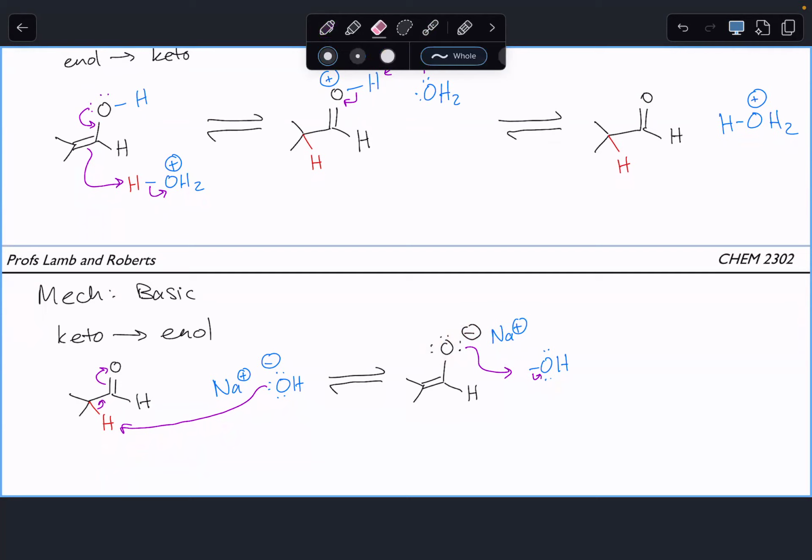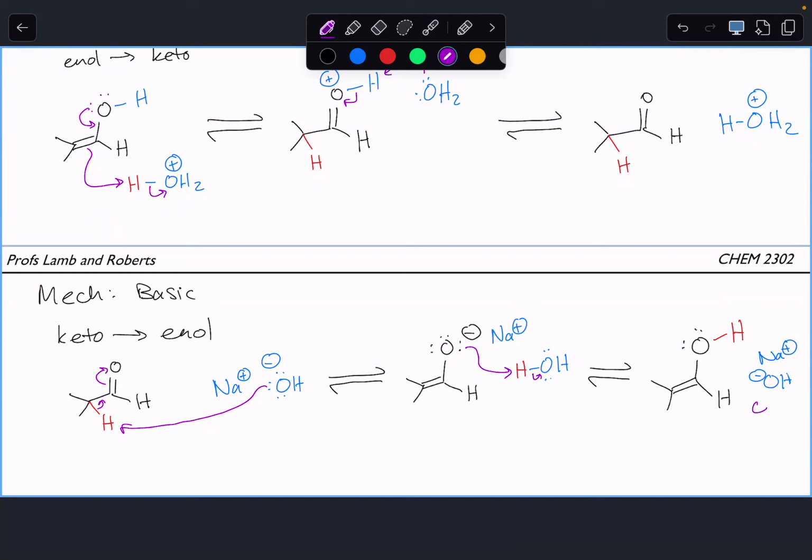Oops, sorry, that should be red. Let's track our atoms. There we go. Okay, and we regenerated our sodium hydroxide.